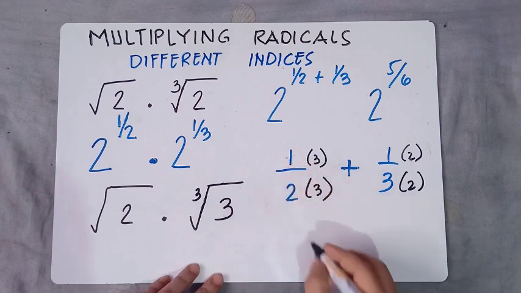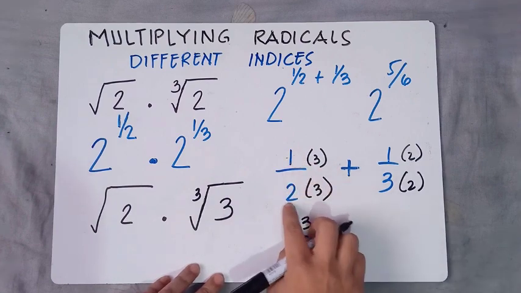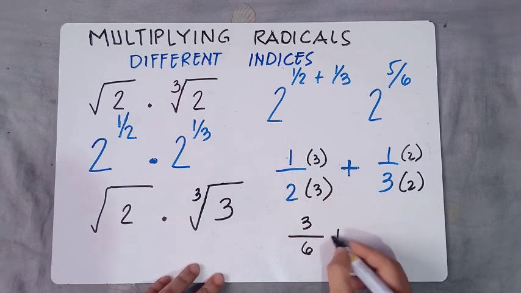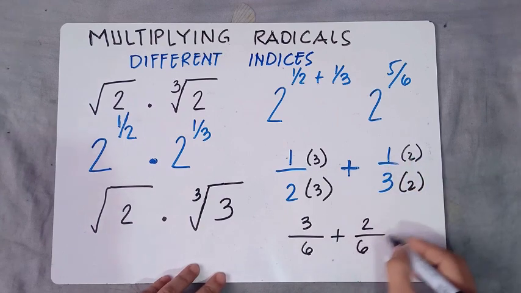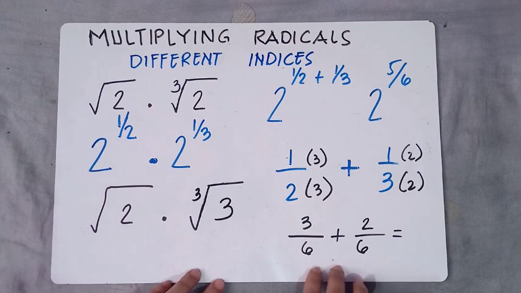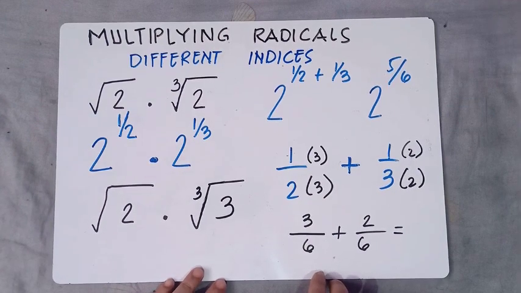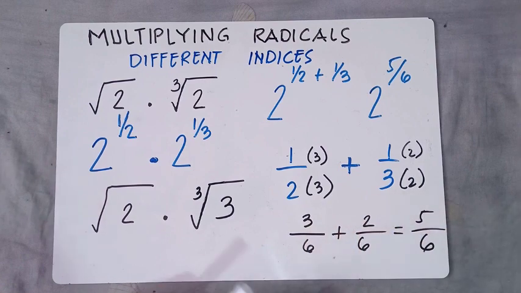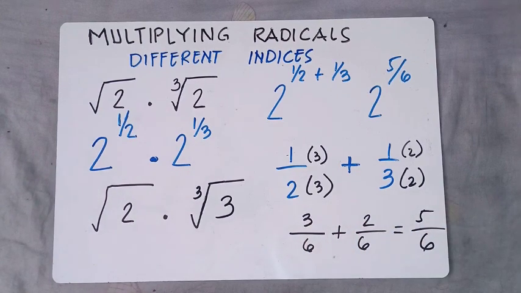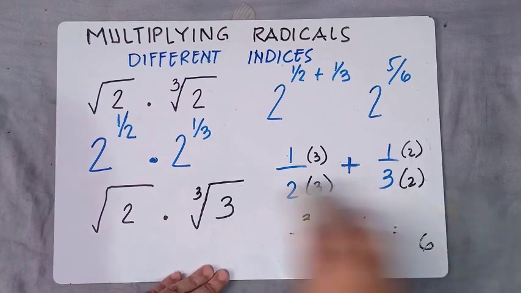So 1 times 3 is 3, 2 times 3 is 6, plus 1 times 2 is 2, 3 times 2 is 6. Now, in adding fractions, if the denominators are the same, just copy, then add the numerators: 5 over 6. So it depends on you which you prefer. That would be the same answer.